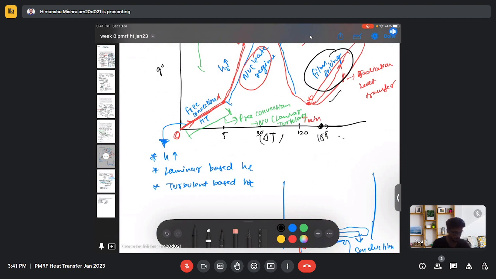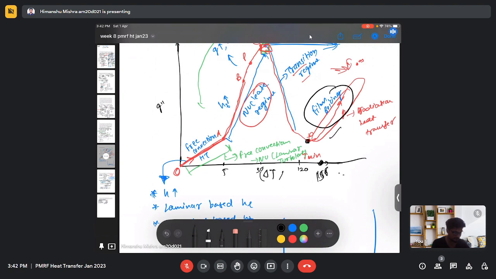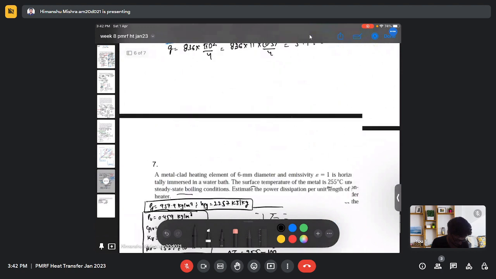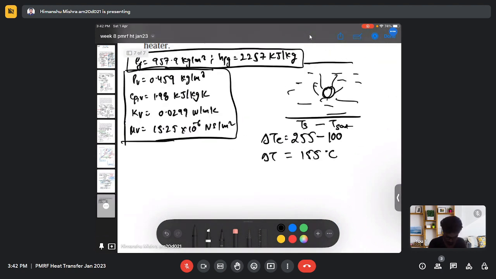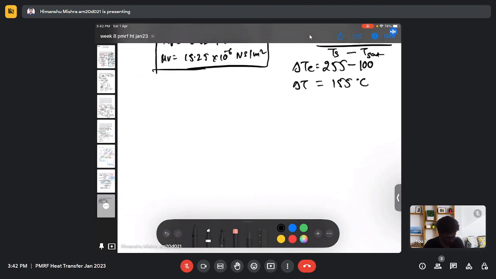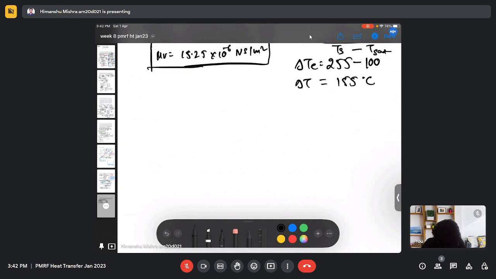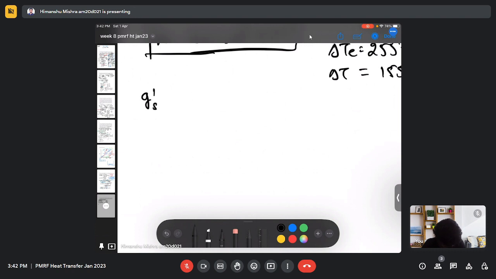So the boiling is at the film boiling region, that means the region between point D and point E. So here the heat transfer will be governed by Newton's law, and this is my surface temperature difference.